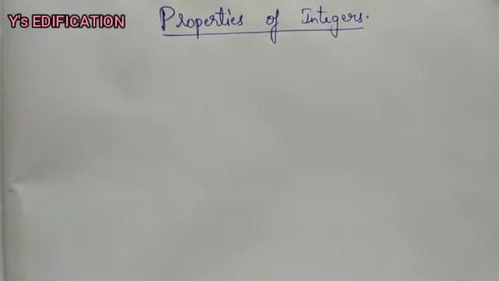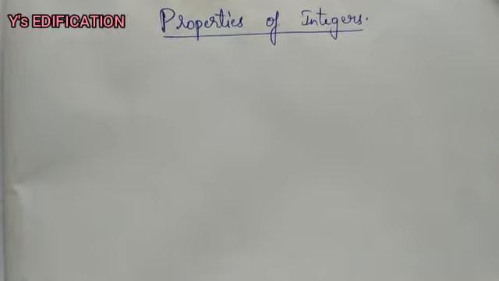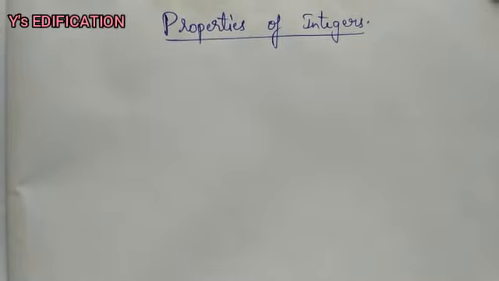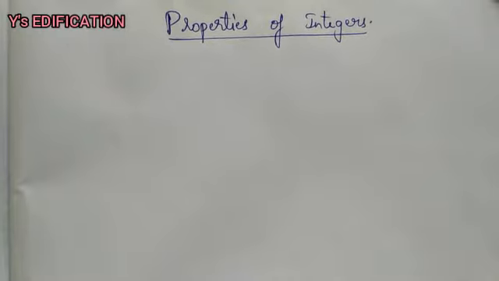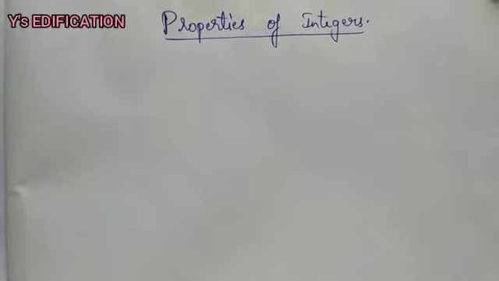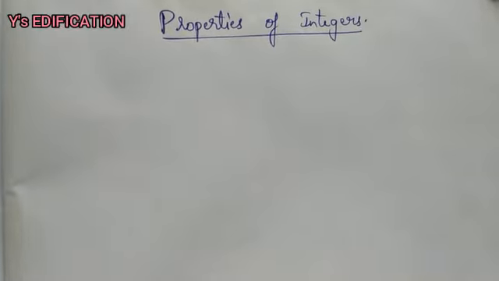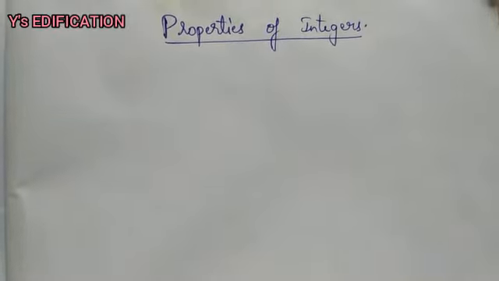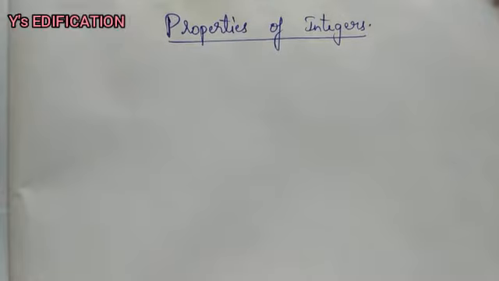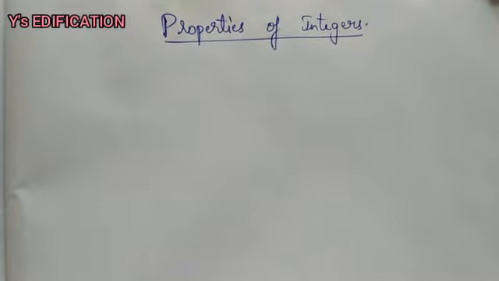Okay, properties of integers. So we have different types of properties like closure property, commutative property, associative property, and distributive property, and so on. In this class we are going to learn the properties of integers. There are commutative, closure, distributive, and associative, as well as additive inverse, multiplicative inverse, additive identity, and multiplicative identity.